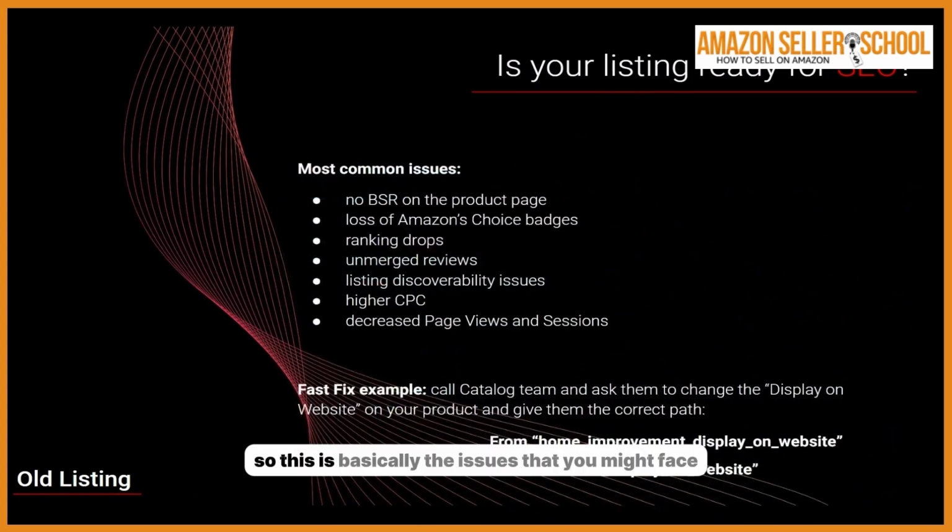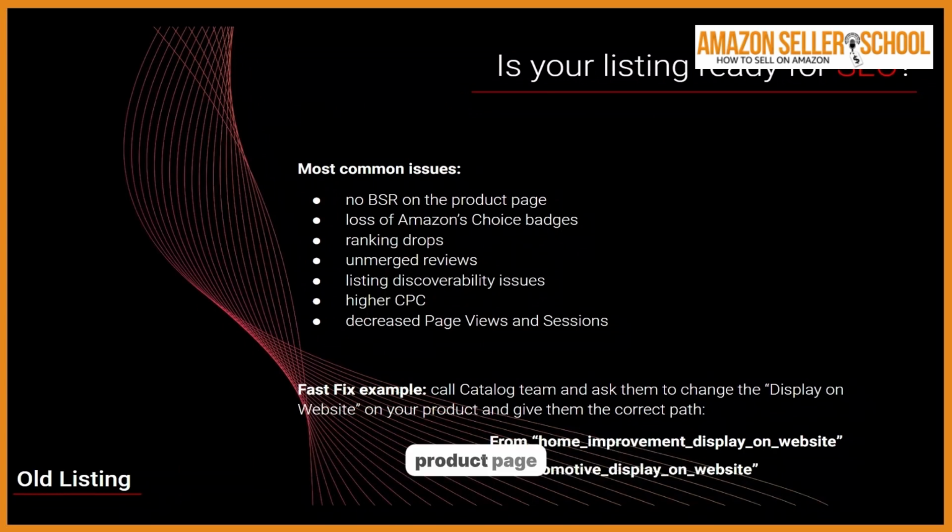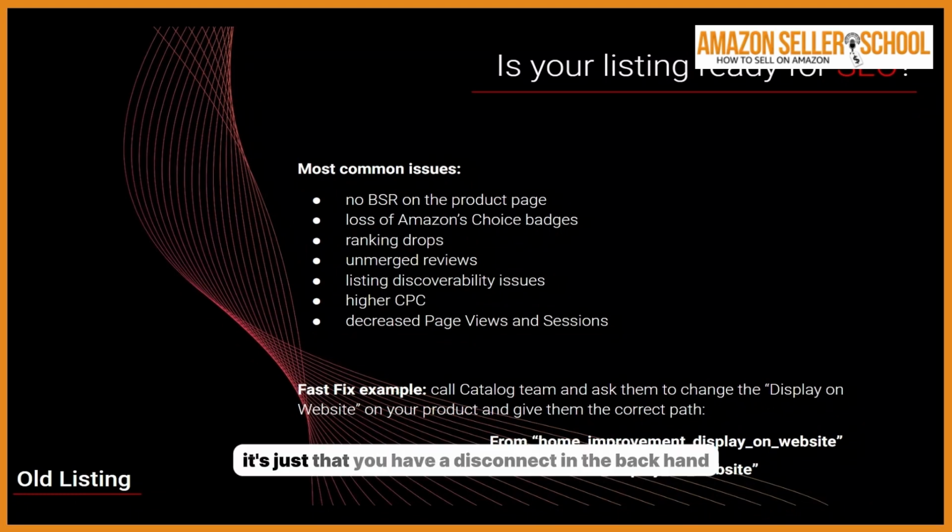So these are the issues that you might face. The BSR might disappear completely from your product page. If you are not showing a BSR, it's not the category, it's just that you have a disconnect in the backend. You're going to lose the Amazon's Choice badges. You will see ranking drops.